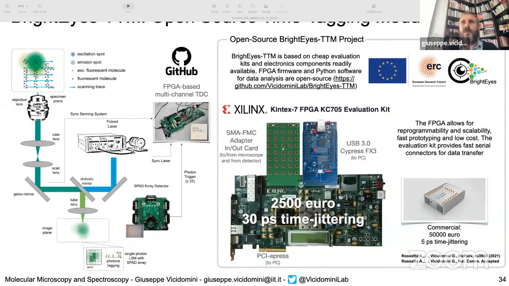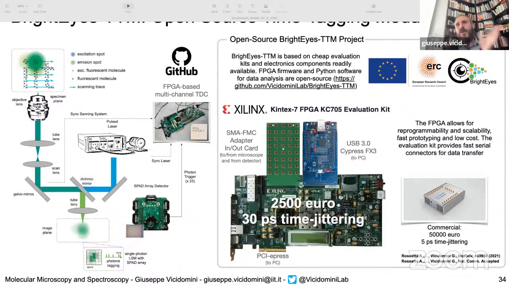So we developed our time tagging platform, our time-correlated single photon counting board, using an FPGA. We developed 25, and in the current version 49, time-to-digital converters directly inside the FPGA of our data acquisition system.